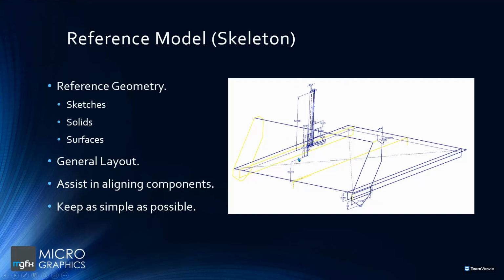So this really complex sketch that's in the center of the gantry could have potentially been a separate part, which purely had just that line that represented the beam for the gantry as a start point, and then pulling in or drawing in the rest of that information. So you start to see where you can split things out to make life easier for yourself, but also getting that layout for the machine right up front in your skeletal model.